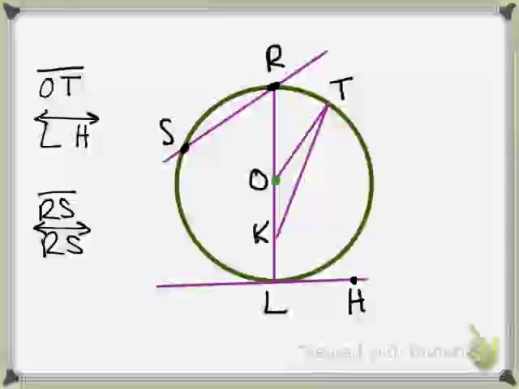So using our terms from today, what is the difference between them? What kind of a thing is the segment RS? It's a chord. What about the line RS? A secant. A secant is a chord that is a line.